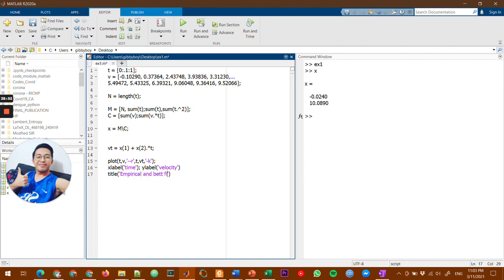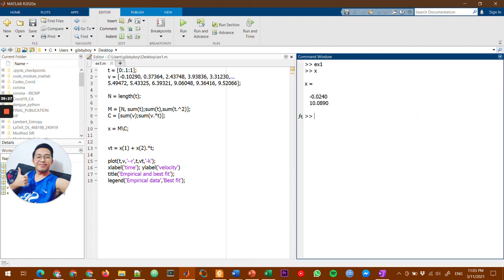Tapos, i-add ang legend. So the first graph is empirical and the second graph is the best fit. Okay, so this is empirical data. So ito na siya i-graph. Ito i-run.